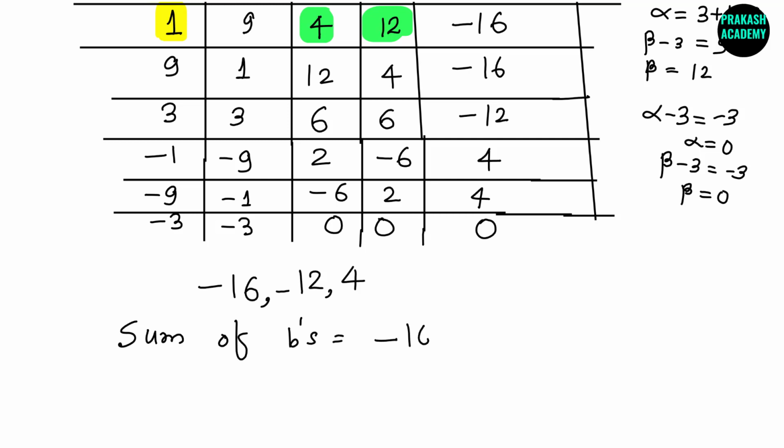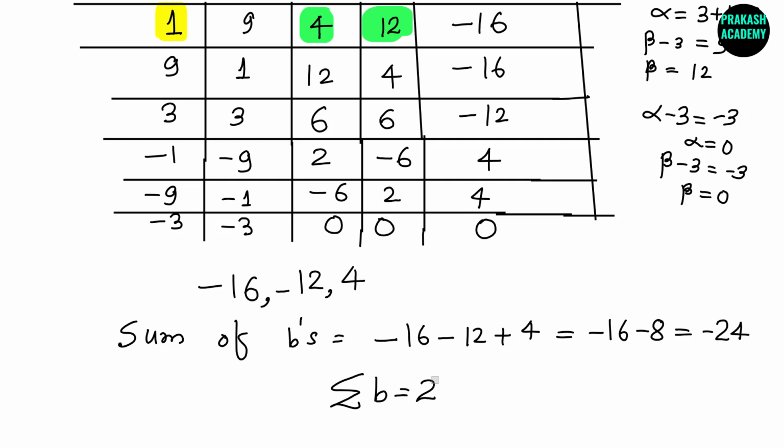This is minus 16, minus 12 plus 4, so that is minus 16 minus 8, that is minus 24. So the sum of all the b's will be simply minus 24.